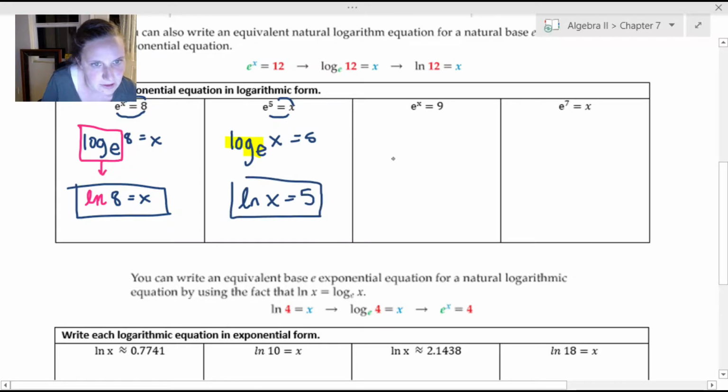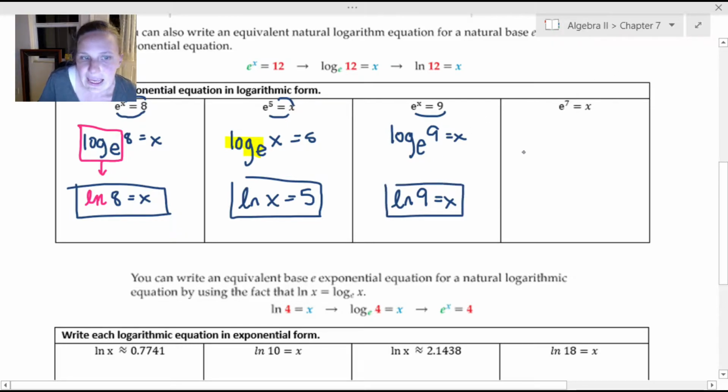That's it. Okay, log base e of 9 is equal to x. This log e becomes the natural log of 9 is equal to x. And again, log e of x is equal to 7. So this becomes the natural log of x is equal to 7.